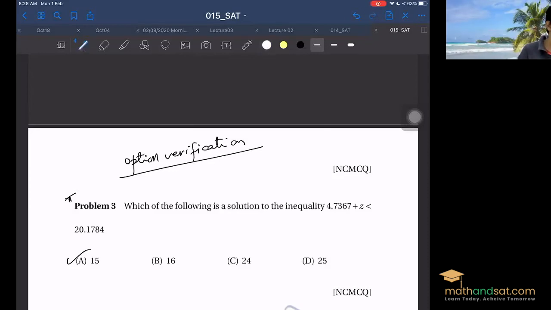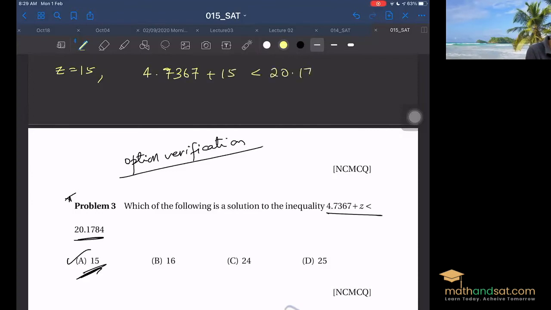So when I put z equal to 15, our inequality will become 4.7367 plus 15 less than 20.1784. In the LHS, the second number has no decimal part, the decimal part is 0.